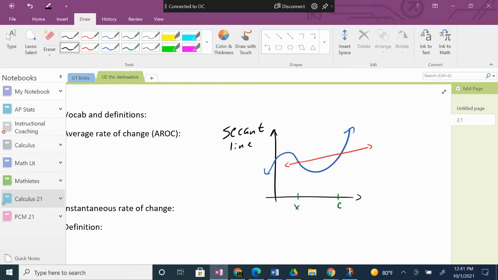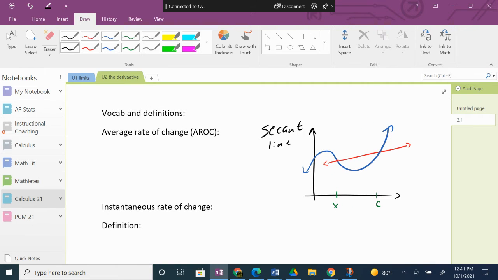Average rate of change from x to c would be that. So the slope of the average rate of change would be the slope of a secant line, f of x minus f of c over x minus c.